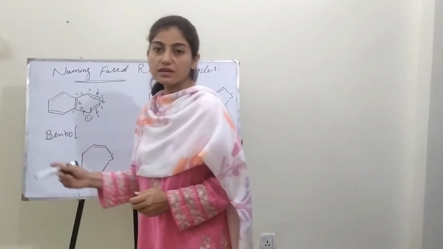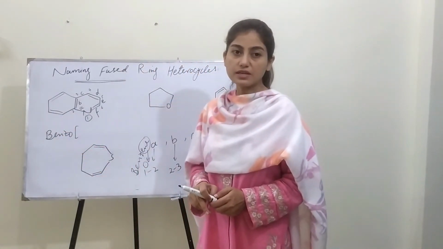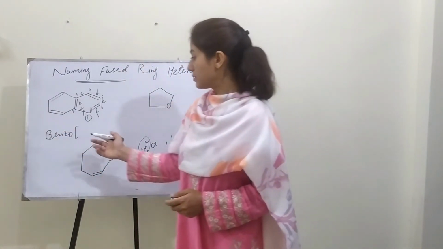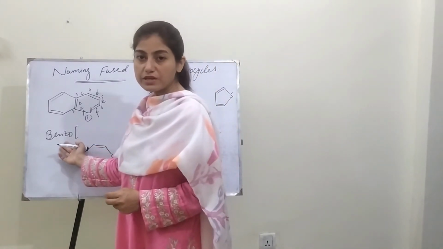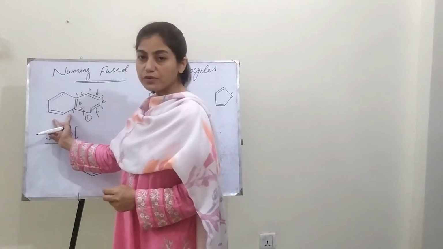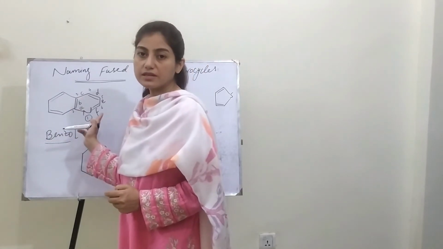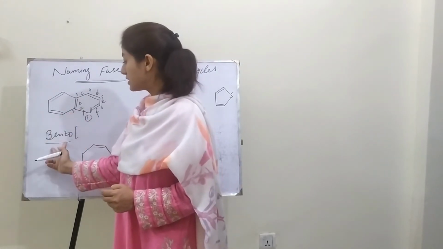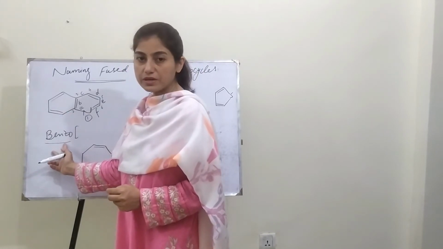the other ring, or the ring other than the heterocycle, would be given the prefix. Here this is the prefix. So any ring that is fused with the heterocycle would be given its name as a prefix.